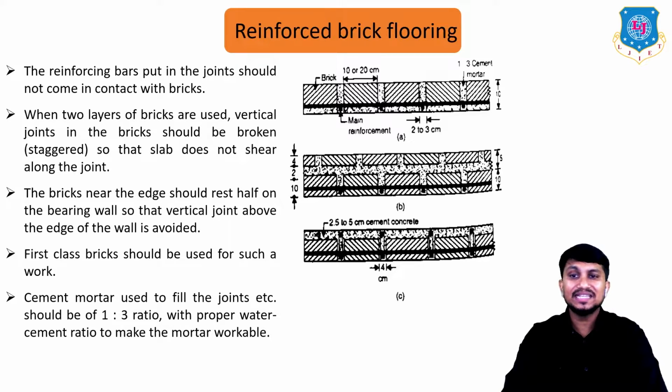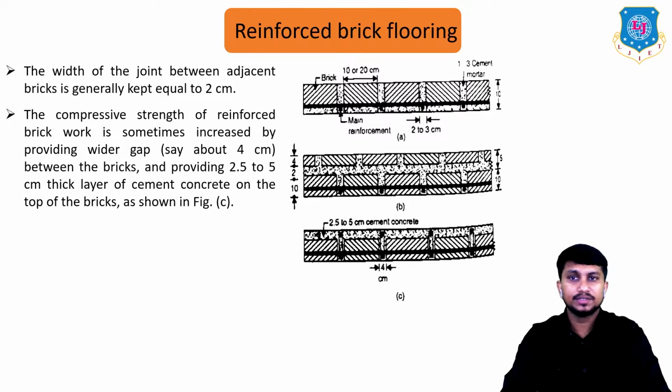The bricks near the edge should rest half on the bearing wall, so that a vertical joint above the edge of the wall is avoided. First class bricks should be used for this type of construction. Cement mortar used to fill the joints has a proportion of 1 to 3 with proper water cement ratio to make the mortar workable.